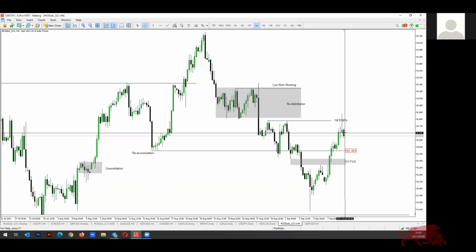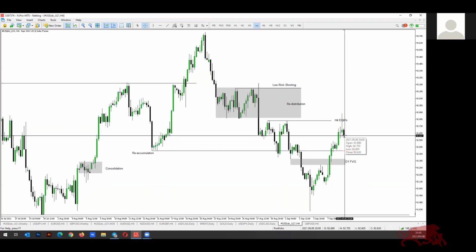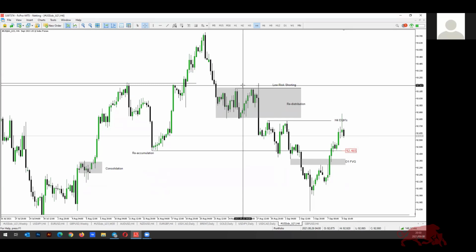So let's do this all together as an assignment. Let's focus on how dollar is going to trade for the remainder of this week, that's Thursday and Friday. If we are anticipating shorts, where are our targets for those shorts? Where do we anticipate dollar to find support?